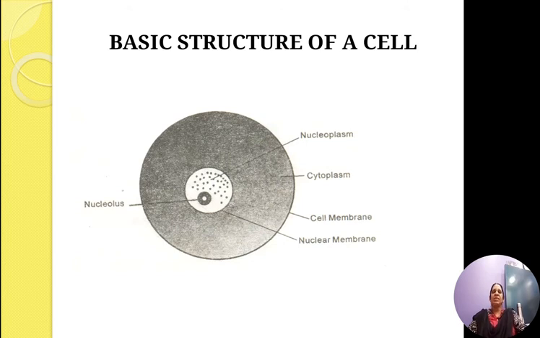Each cell contains a fluid called cytoplasm, which is enclosed by the membrane. Also, there are other organelles which are present in the cytoplasm. The cell comprises several organelles that perform specialized functions to carry out life's processes.